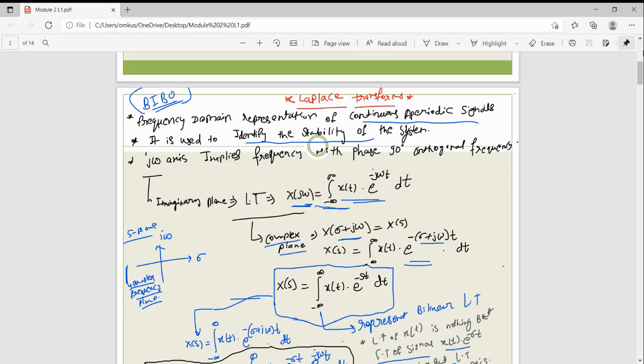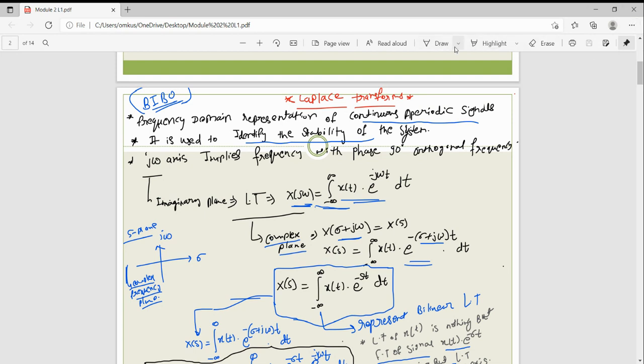You study this deeply in your math and in your signals and systems subjects. Here we only see its application in network theory and how to solve any network using the Laplace transform.